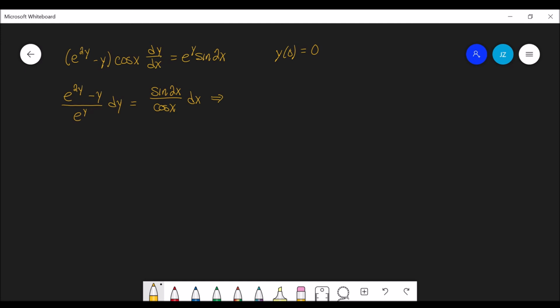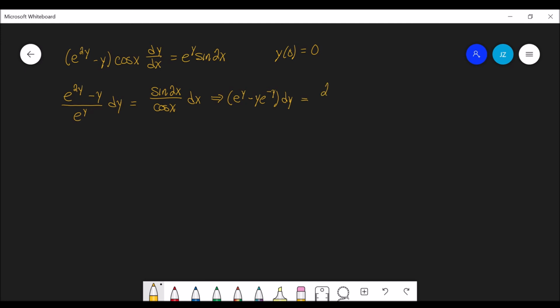We will now simplify both sides. To simplify the left, we're just going to divide each term in the numerator by e to the y. To simplify the right-hand side, we make use of the double angle formula.